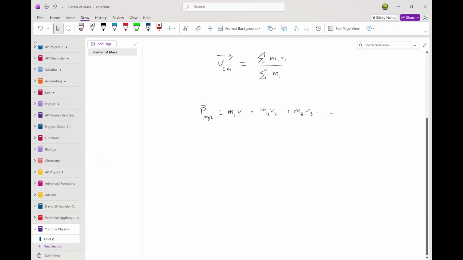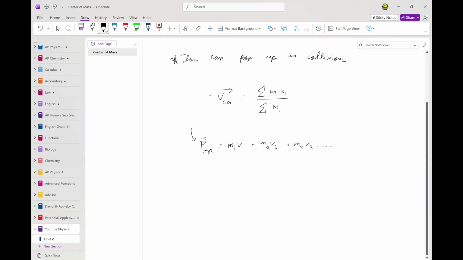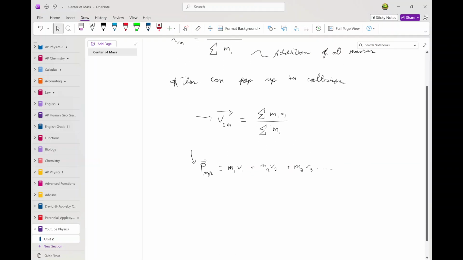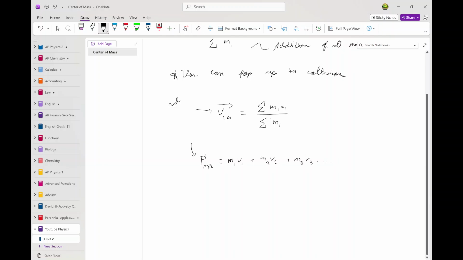Now, what we're learning here is that the momentum of a system can actually be broken down into two things, just like mass and velocity: it can be broken into M and VCM. What this stands for is the velocity of the center of mass.